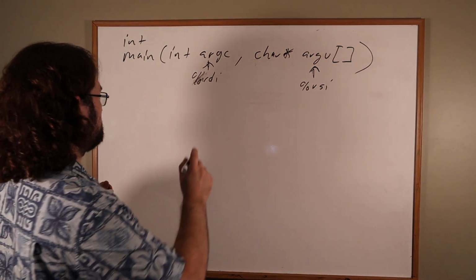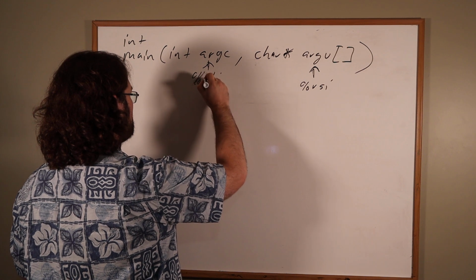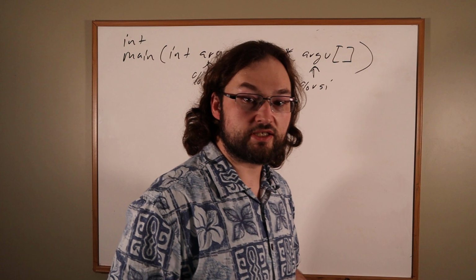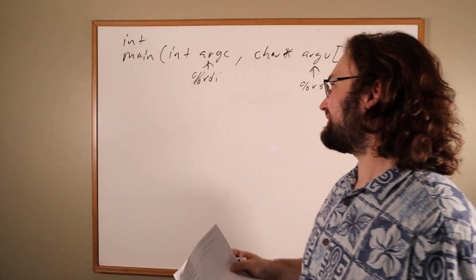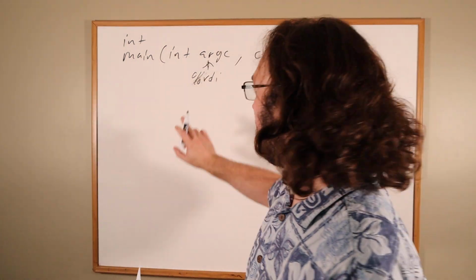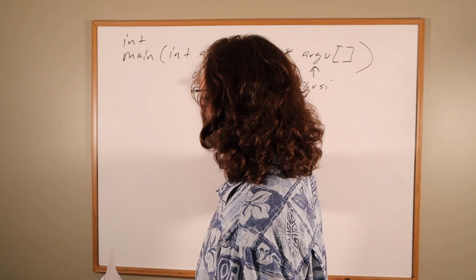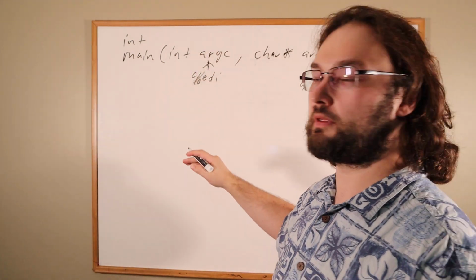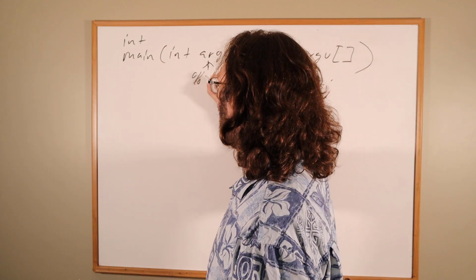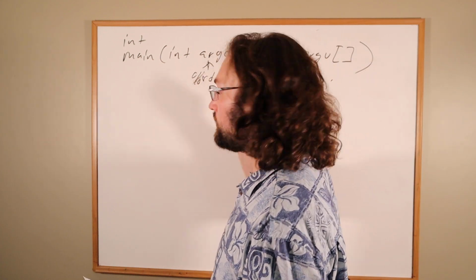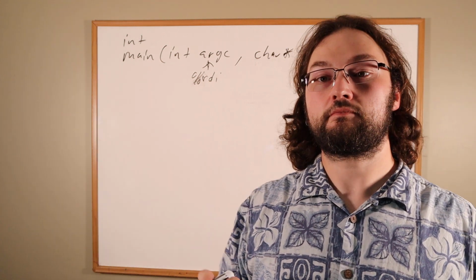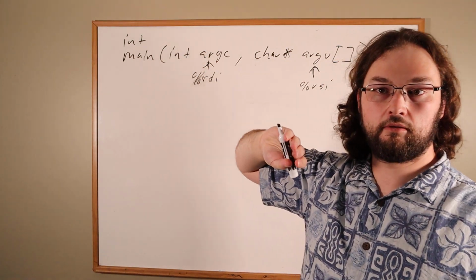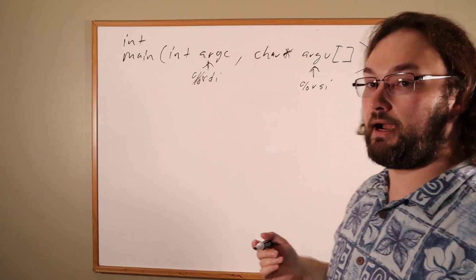Now, my handwriting aside, the way argc works is pretty simple. Argc is just an int. Since it's an int, not a double, it's possible that we really are storing it in EDI, not RDI, because we want a 32-bit integer value, but we're just going to say argument 1 goes in RDI. We're just storing the number of arguments that are passed to the program in there.